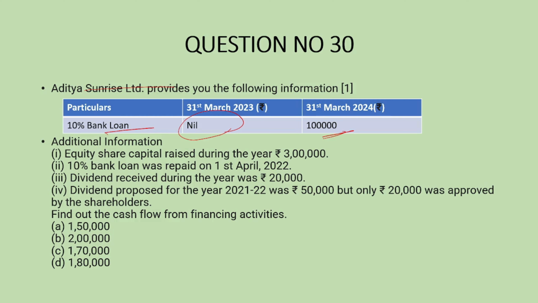Additional information: equity share capital raised during the year is 3 lakhs. 10% bank loan was repaid on 1st April 2022. Dividend received during the year is 20,000. Dividend proposed for 2021-22 is 50,000, but only 20,000 was approved by the shareholders. Find out the cash flow from the financing activity.